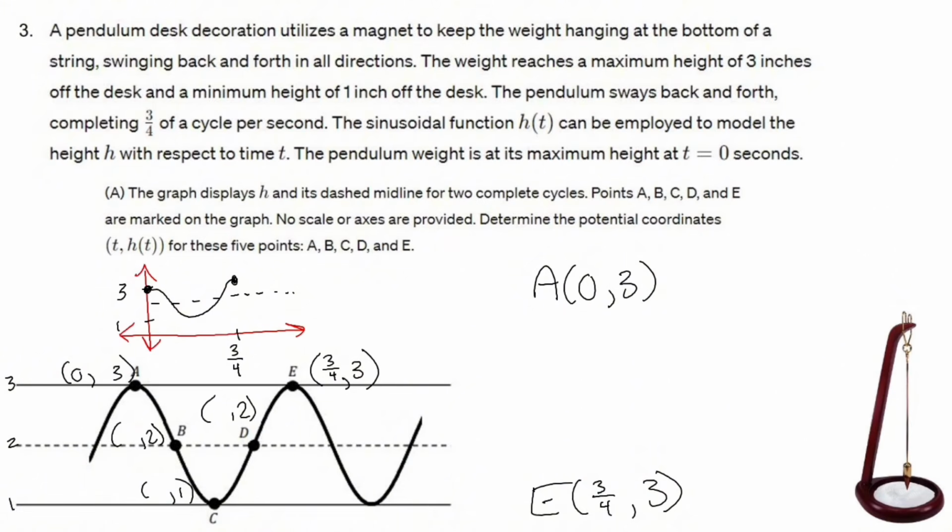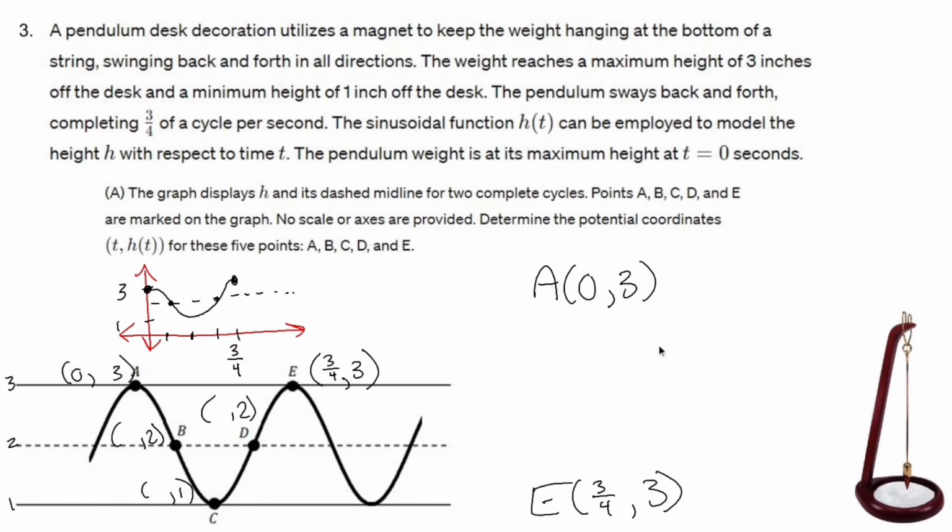All right, now we're going to have to do a little bit of math. Everything is going to be based on the fact that we start at 0 and we end at 3/4. So it hits its minimum at half of 3/4. It hits the midline here at 1/4 of 3/4, and it hits the midline again at 3/4 of 3/4.